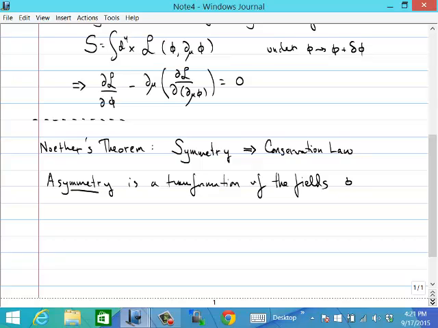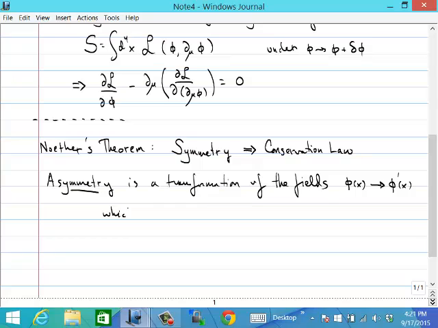So let's say you have some field phi of x. What you do is you describe some transformation where phi of x is rewritten in terms of a new field that I'll just call phi prime of x. So phi prime of x is going to be some function of phi of x.